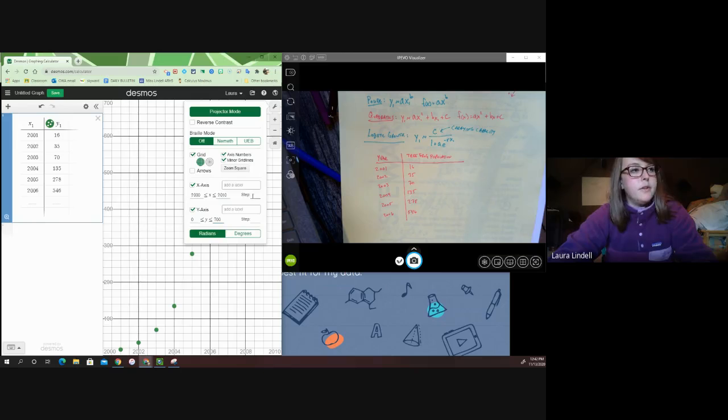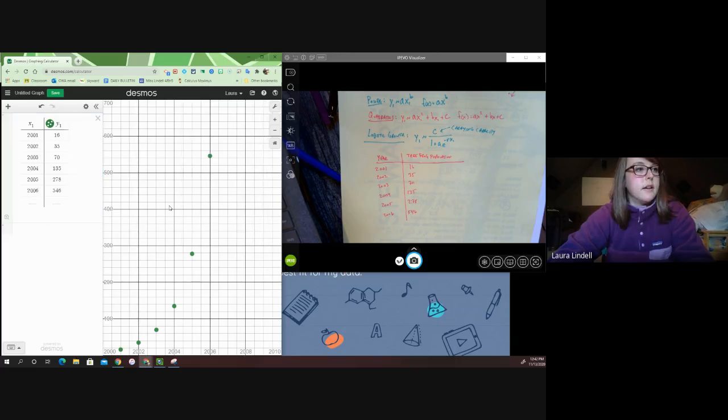But if you want to, you can put in that you would like it to increase by every 2 years or every 3 years on the x-axis, and then every 100 or 50 or whatever you would like on the y-axis. And then we can see our data. And we notice that this looks pretty exponential. So that's a good sign that we should be using an exponential function to model our data.